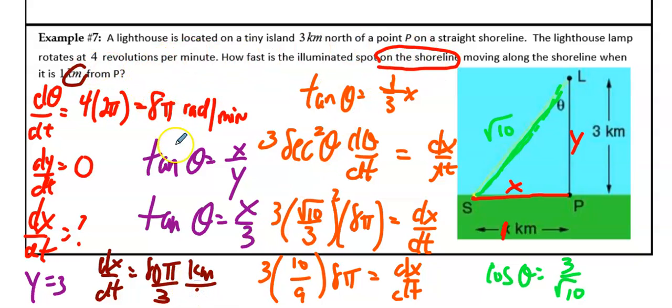Where's our time here? Minute, right? Okay, so 80 pi over 3. And if you had a calculator, you could go ahead and just evaluate that, and that ends up being 83.776 kilometers per minute.